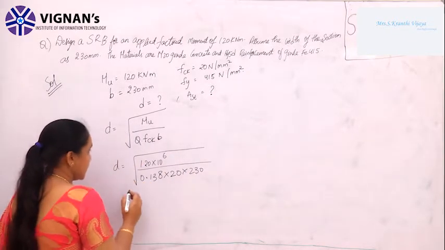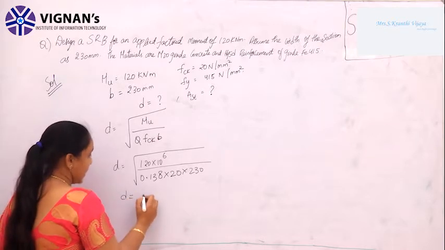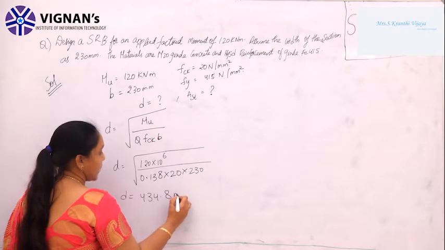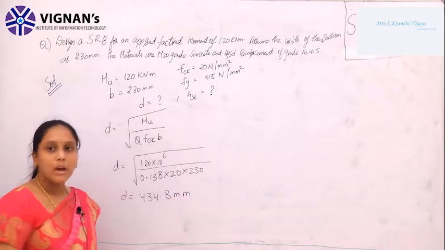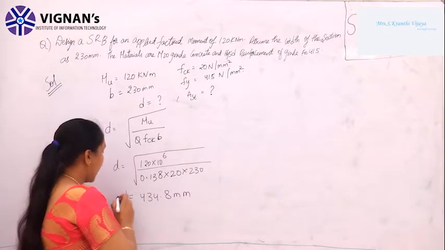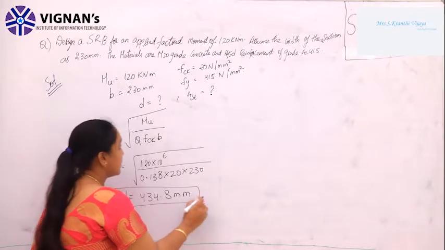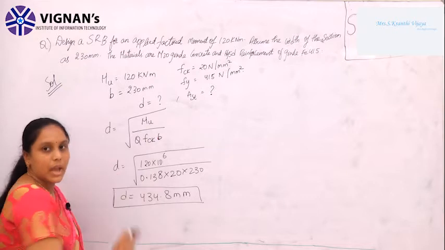So if you solve this equation, you will get a value of d as 434.8 mm.